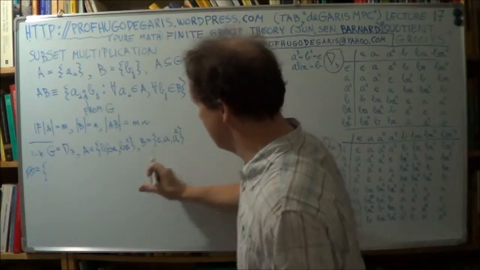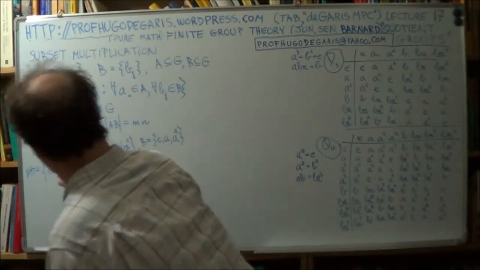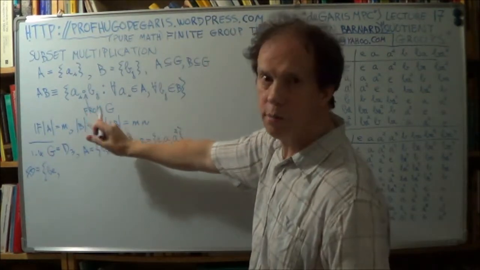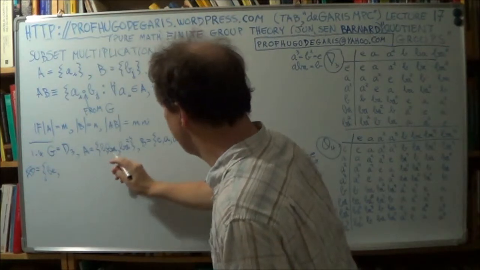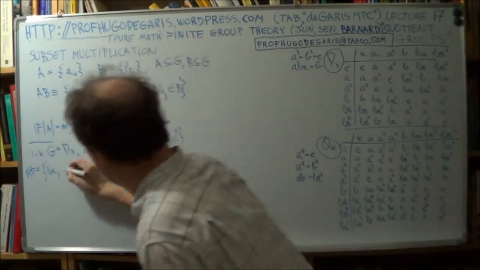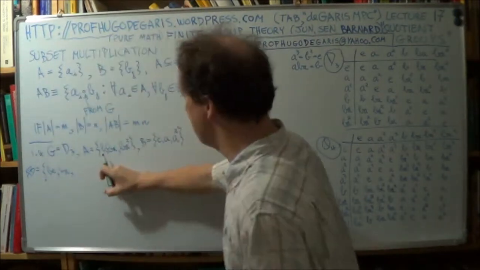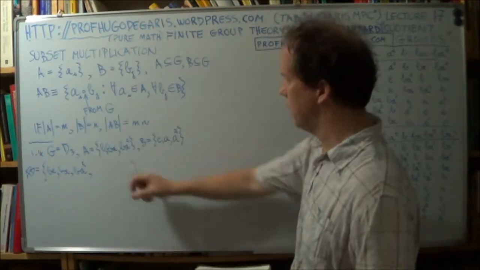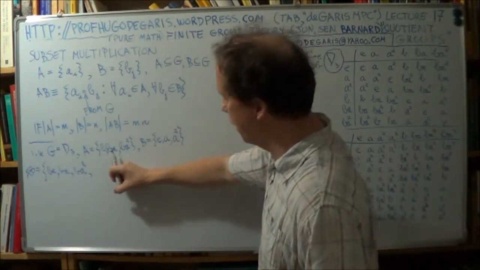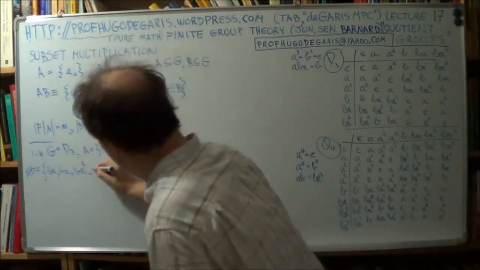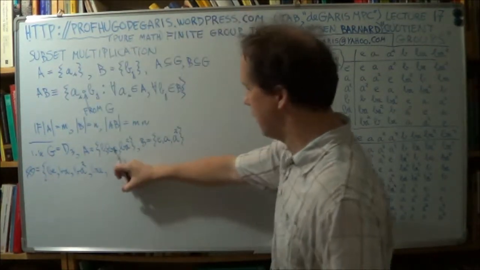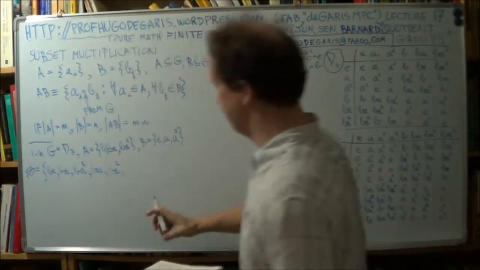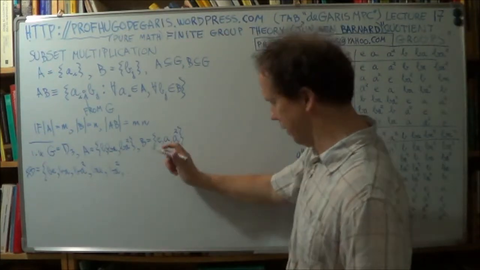So BE, BA, and BA squared. We're systematically finding all possible ordered pairs. Now this one, you'll get another 3 terms: BAE, then BAA, so BA squared, and then BAA squared, so it's BA cubed.